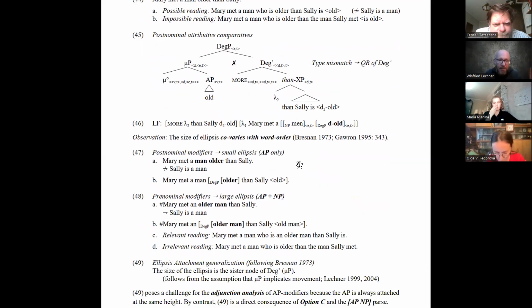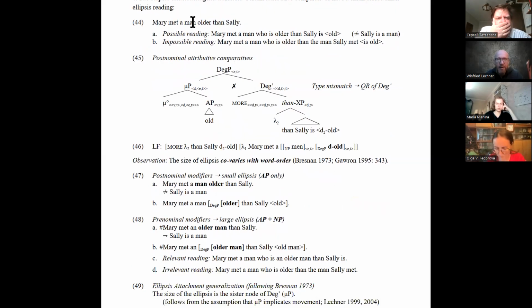So the relevant observation that actually underlies the imbalance of these two readings, the unavailability of reading 44b, is that the size of attachment of the than phrase determines the size of ellipsis inside the than phrase.